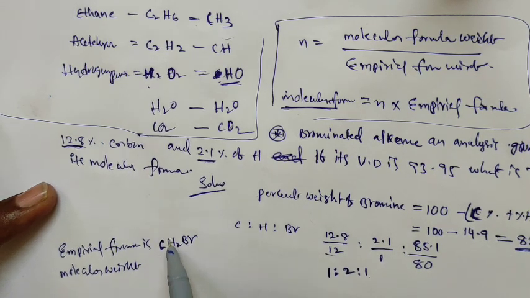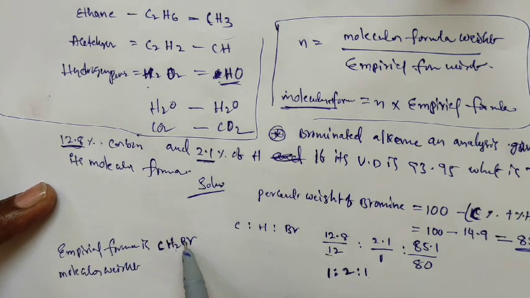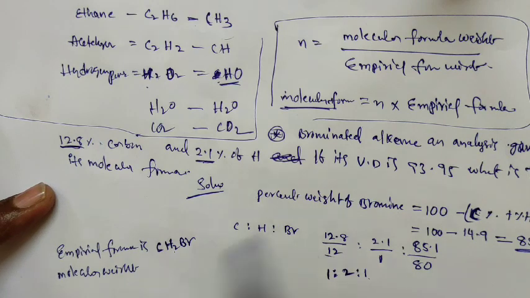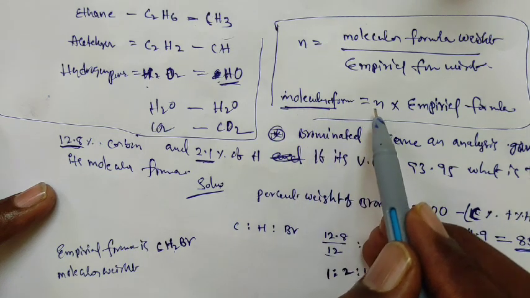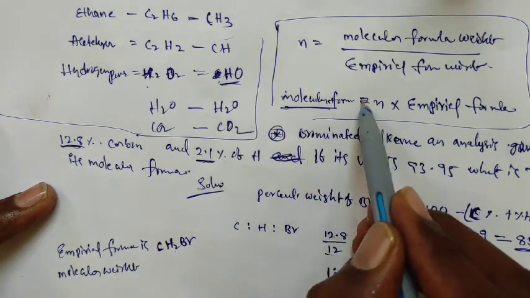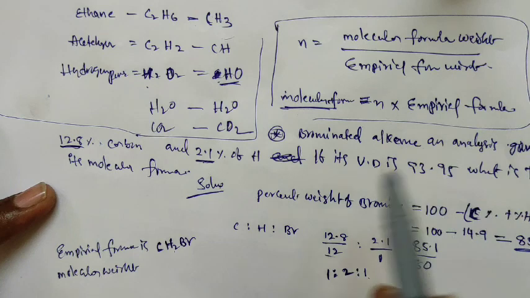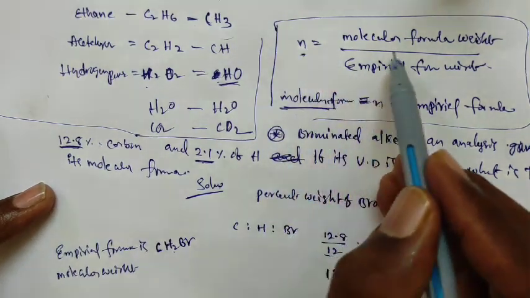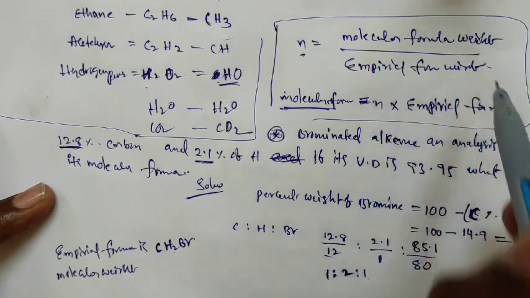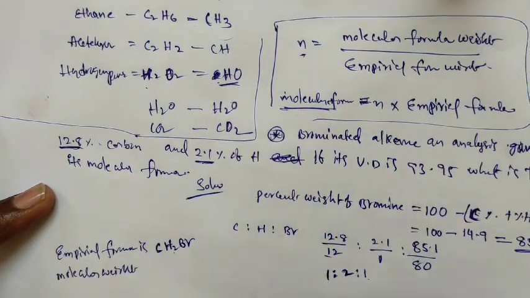Carbon is 1 atom, hydrogen is 2 atoms, bromine is 1 atom. That weight we don't know, but to calculate that weight, what we will do? Molecular formula weight is equal to n into empirical formula weight. How can we find n? N is equal to molecular formula weight by empirical formula weight. Molecular formula weight also we don't know.